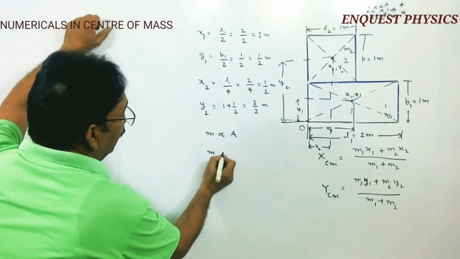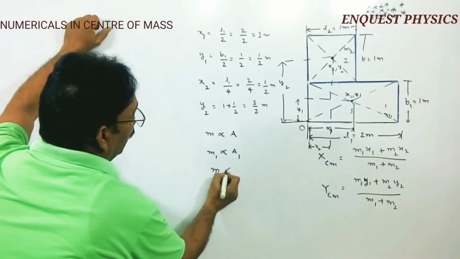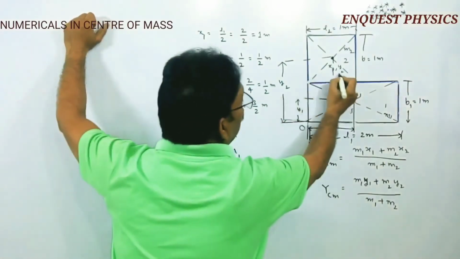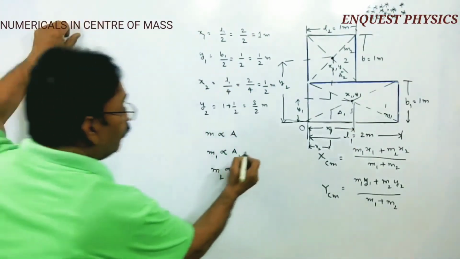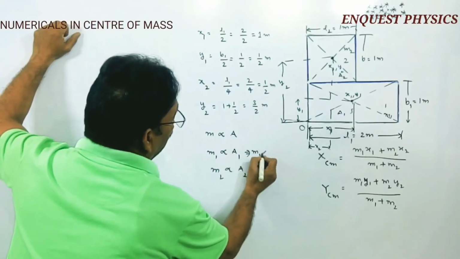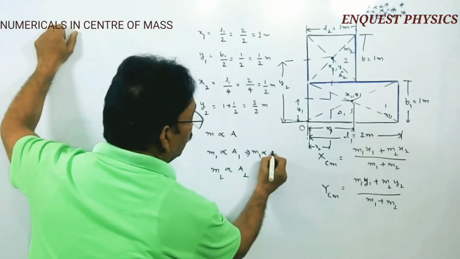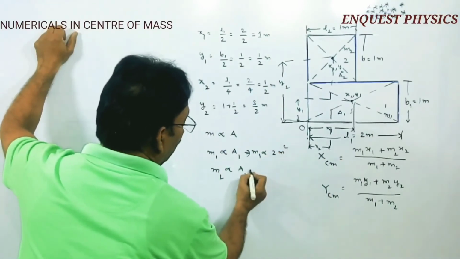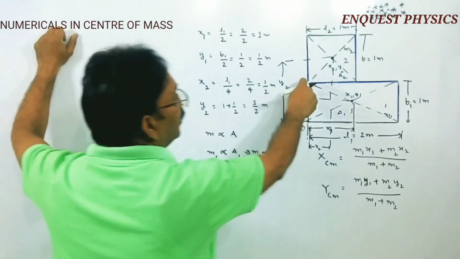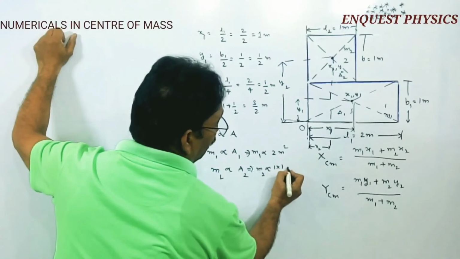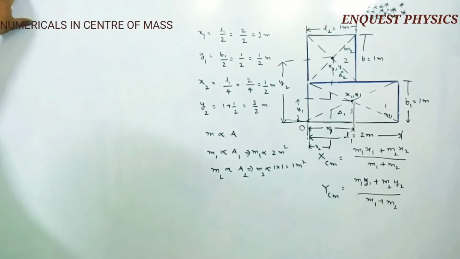That means you can write m1 is proportional to a1, and m2 is proportional to a2. a1 is the area of this one, 2 into 1, 2 square meter, and a2 is the area of this plate, 1 into 1, it is 1 square meter. Okay, we have the areas as well as the masses.